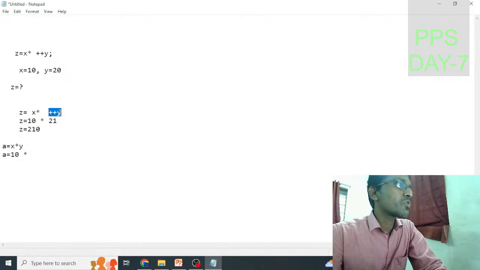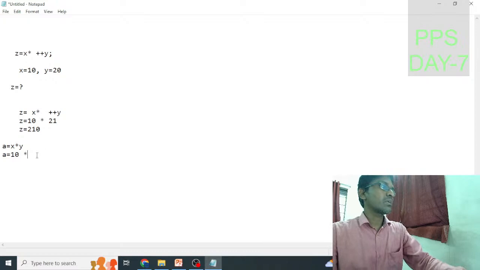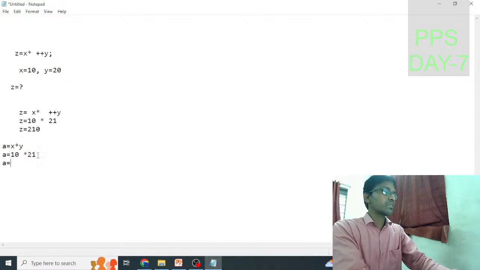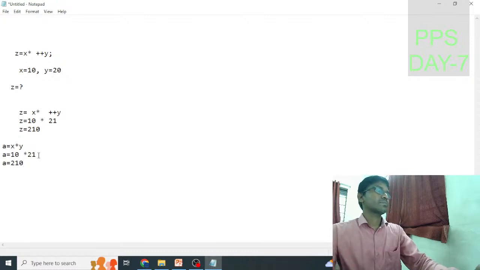It is a post increment operator, so the y value is used first and incremented by 1 afterwards. Later I'm using another expression, a is equal to x into y. Then the x value will be 10 and the y value will be 21. Okay, then I got a is equal to 210.